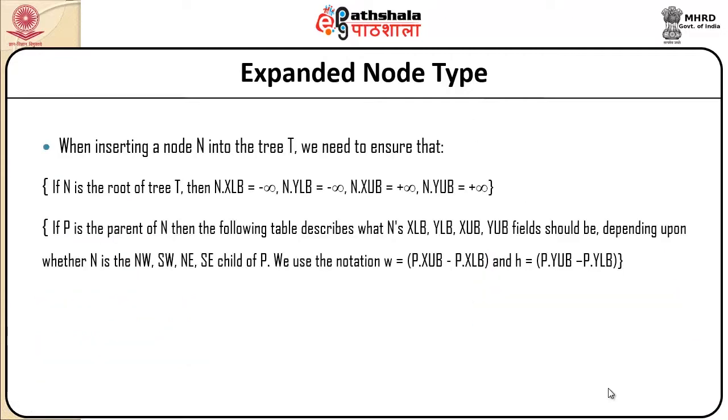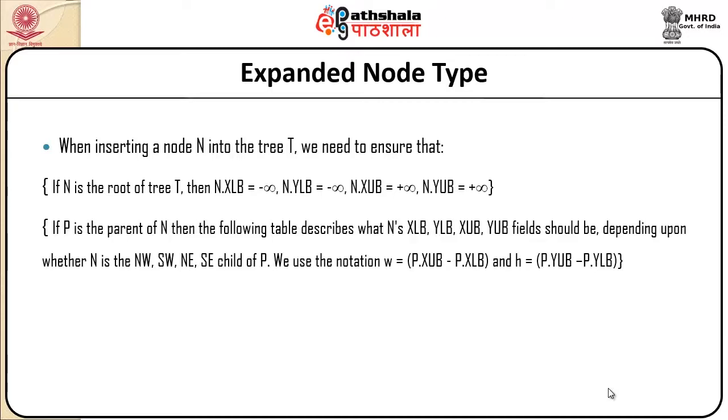When we expand the node type represented here, when inserting a node n into the tree T, we need to ensure that if n is the root of the tree T, then X lower bound should be minus infinity, Y lower bound should be minus infinity, X upper bound should be plus infinity and Y upper bound should be plus infinity.